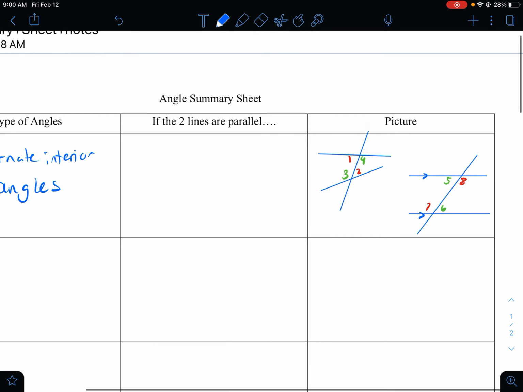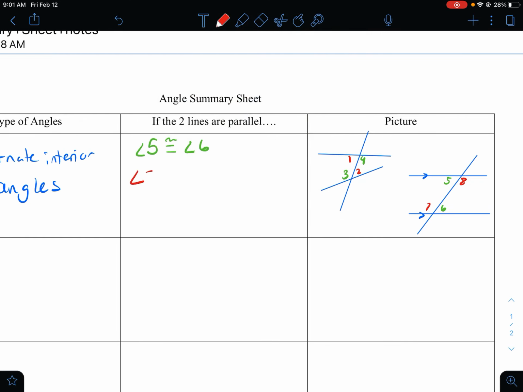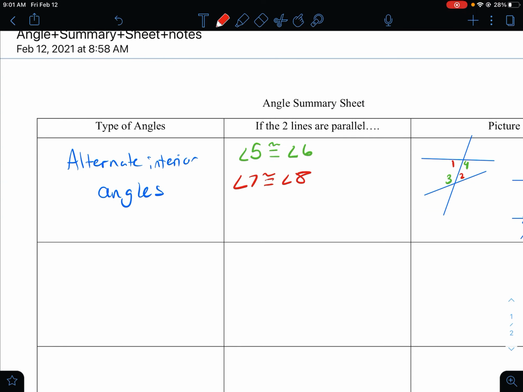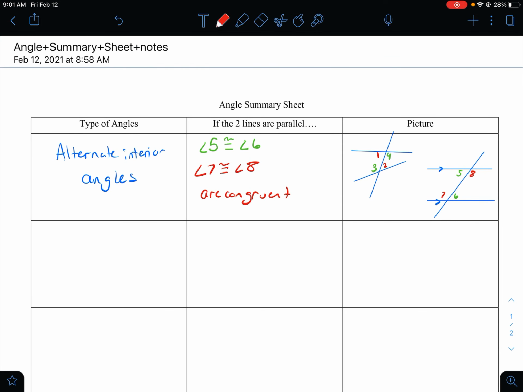So that means that angle 5 is congruent to angle 6, and angle 7 is congruent to angle 8. All right, so alternate interior angles are congruent, and that is if the two lines are parallel.